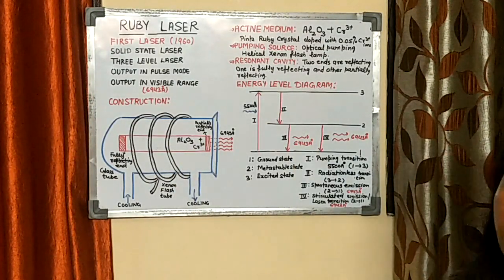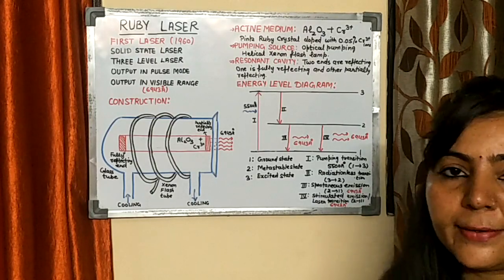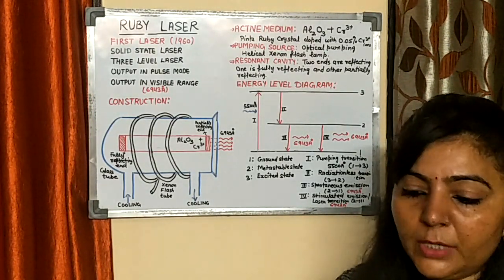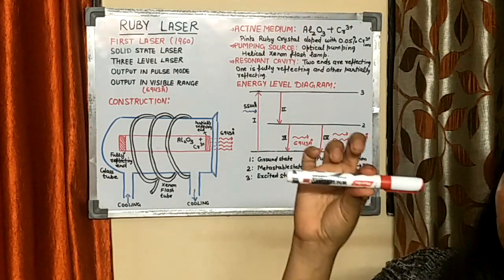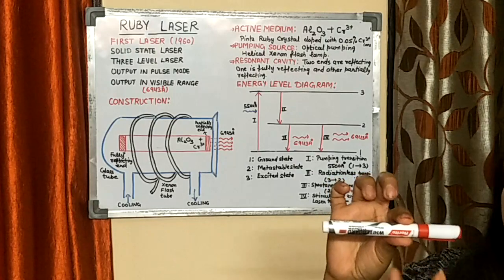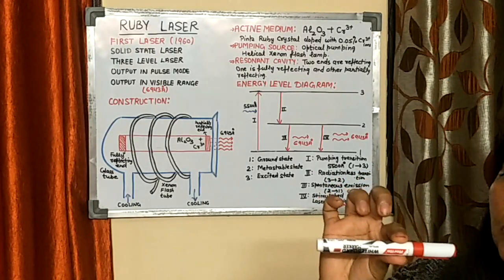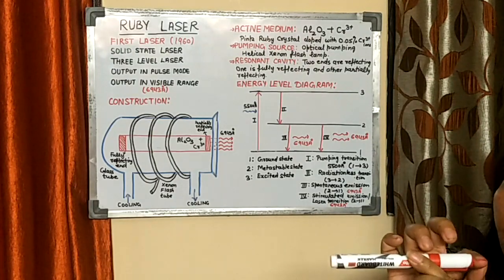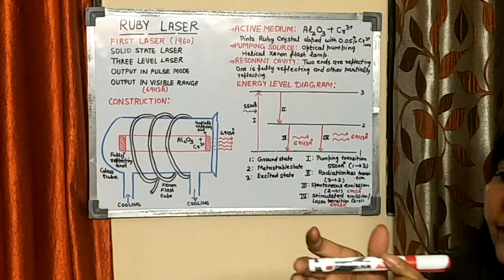Now the third component, which you know is a combination of 2 mirrors, is the resonant cavity. Suppose this is a pink ruby rod, a pink ruby crystal, in which some chromium ions are added. Then it is connected to an optical pumping source. Now the 2 ends of this ruby rod are silvered in order to get that resonant cavity.